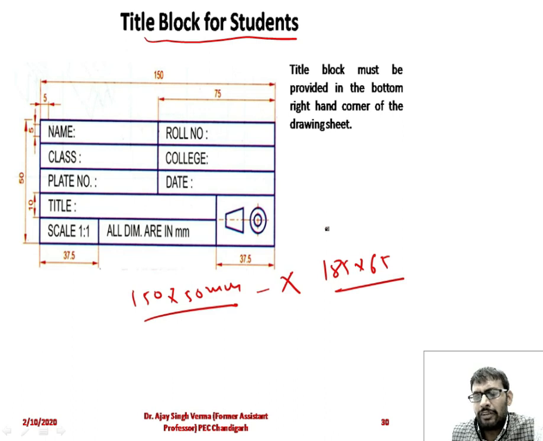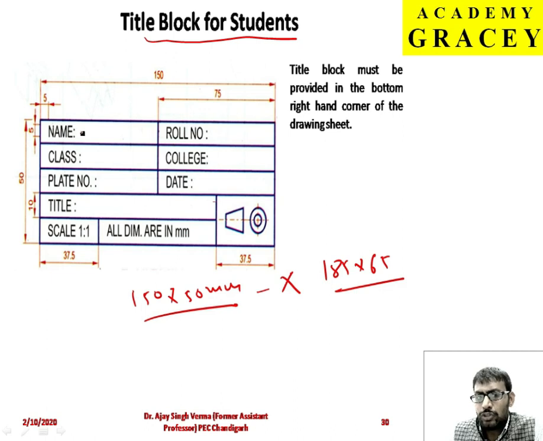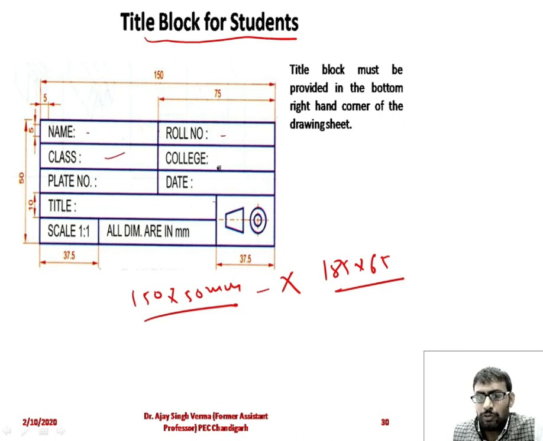But for the convenience of the students in the beginning, in our classes, we will go for 150 by 50 mm. In this, as you can see in the previous slide, the nomenclature is different. Where we write the name, it is the student name and roll number, class, whether first year or some branch, college name, and plate number if available.